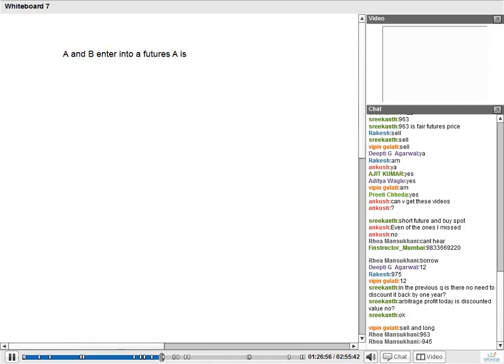So A is long and B is short a 10-year bond with 5% coupon and $100 par. The expiration of the contract is 3 months later.